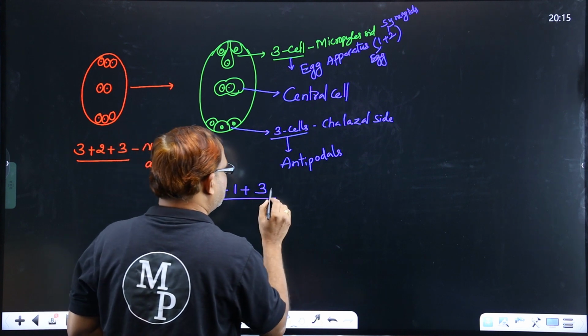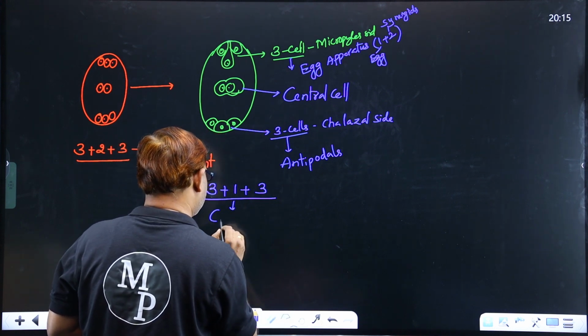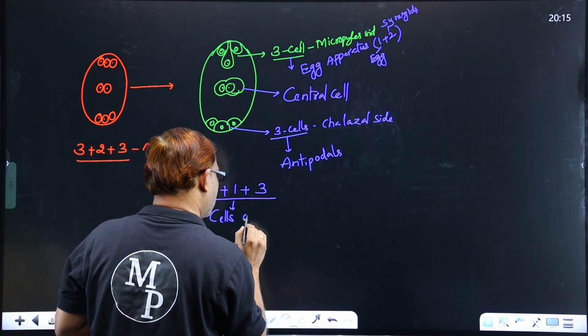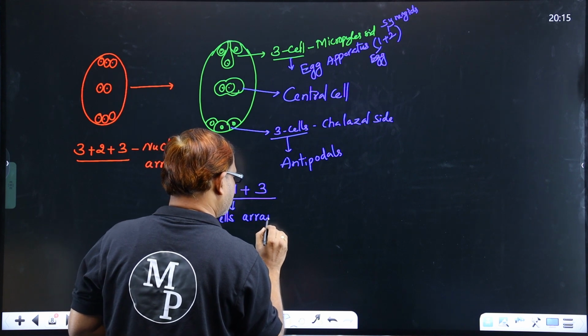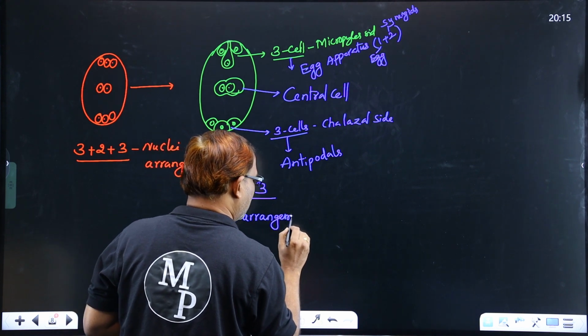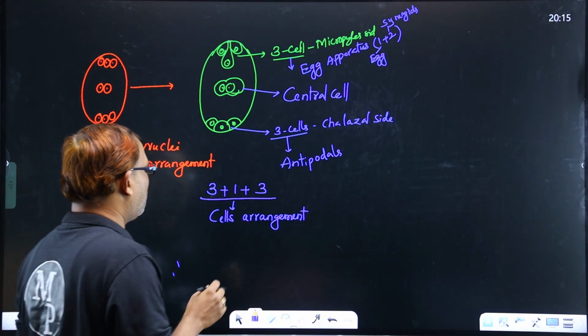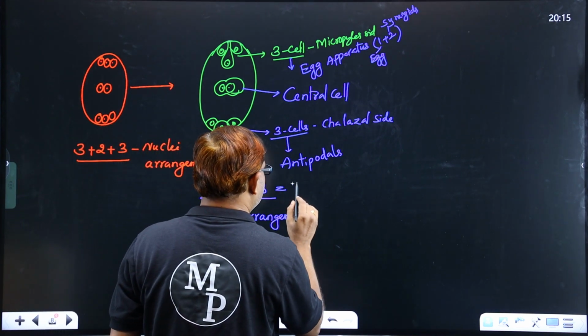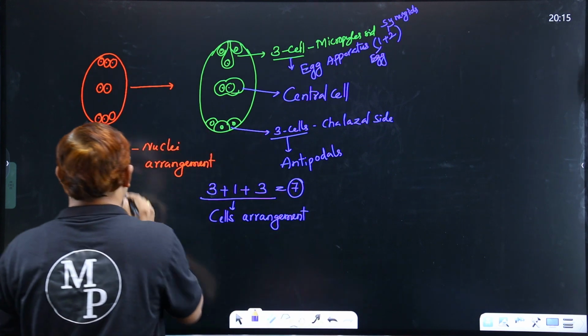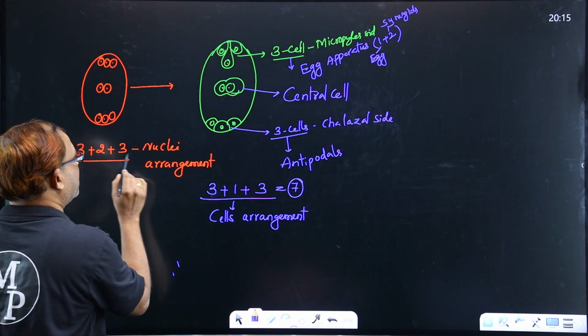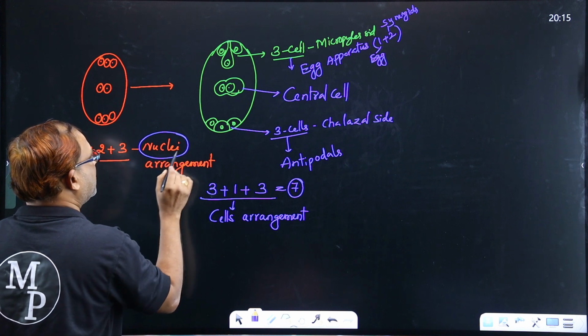So this is the cells arrangement, 3 plus 1 plus 3. How many cells in total? 7 cells. Then 3 plus 2 plus 3 is the nuclei arrangement.